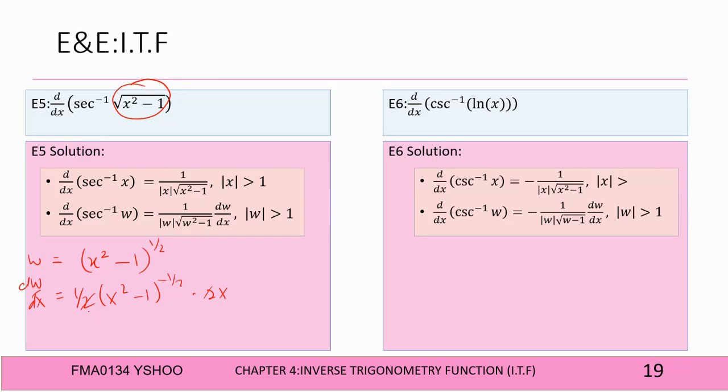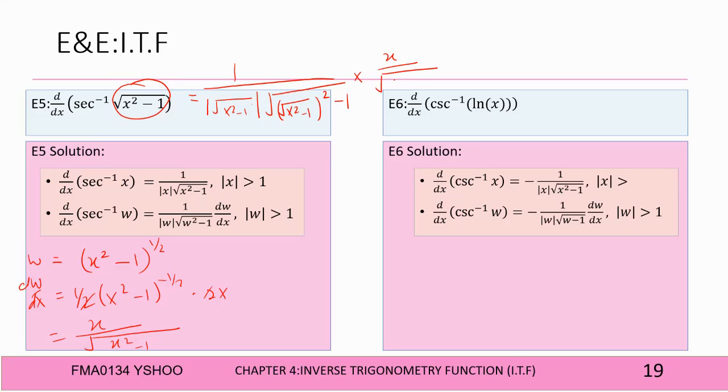So these two simplify, and you have x over square root x squared minus 1. Write back into the formula. Follow exactly. So set x squared minus 1, then square root of x squared minus 1, squared, minus 1, then multiply with x over square root x squared minus 1.